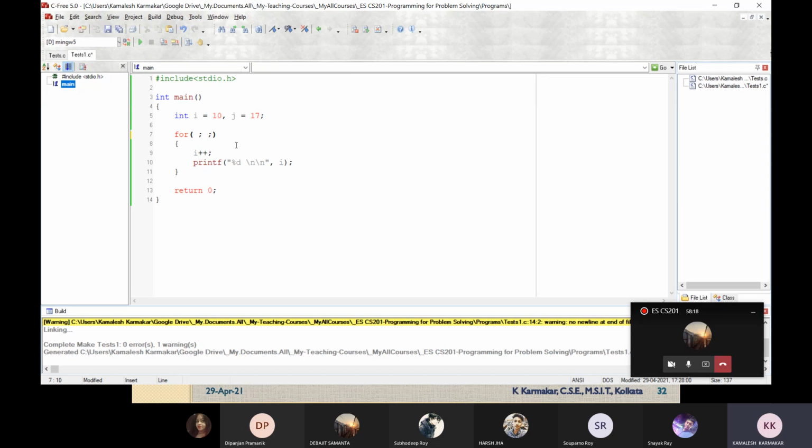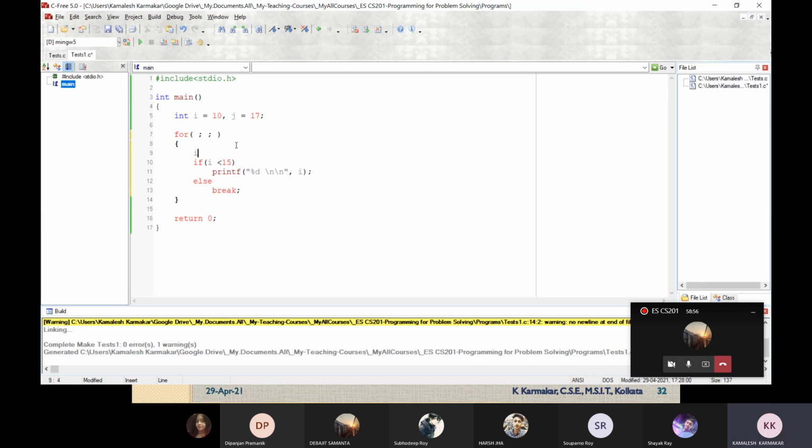So within this for loop, I may write some logic like, if i is less than 15, then i will be incremented, otherwise it will break.